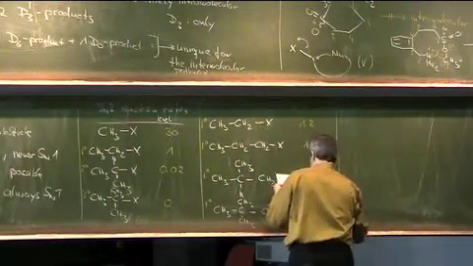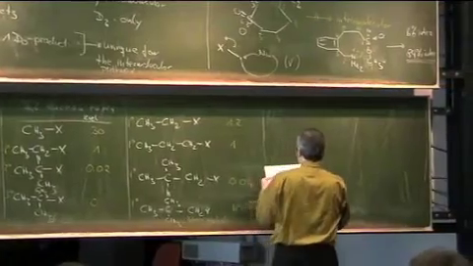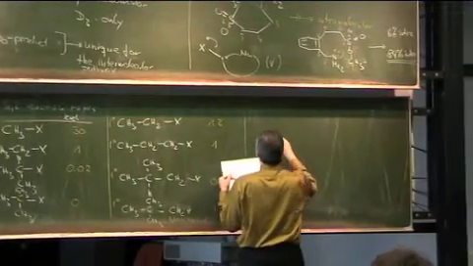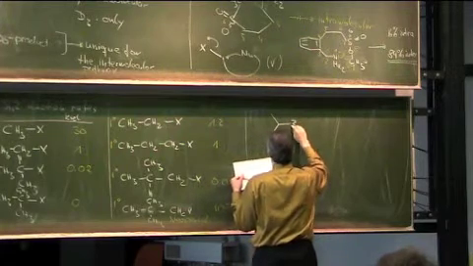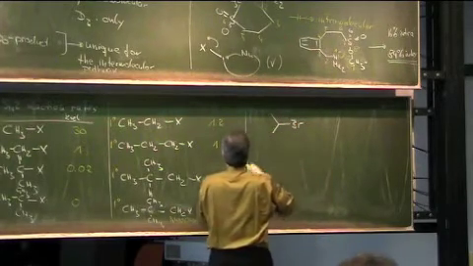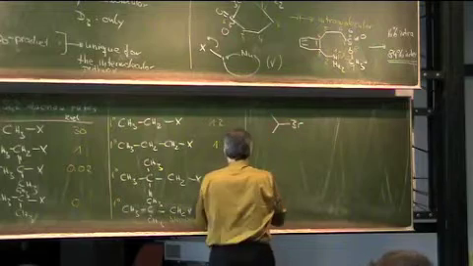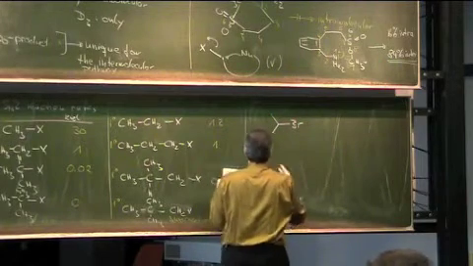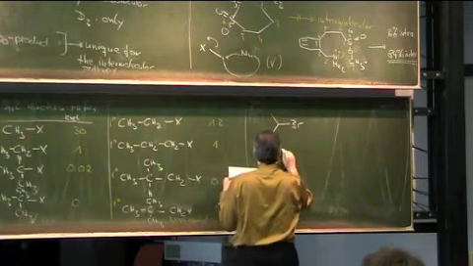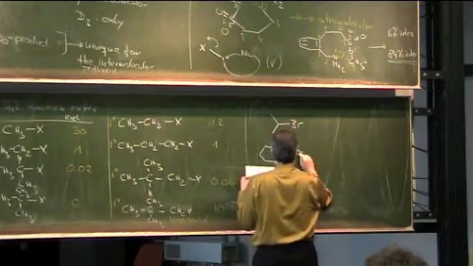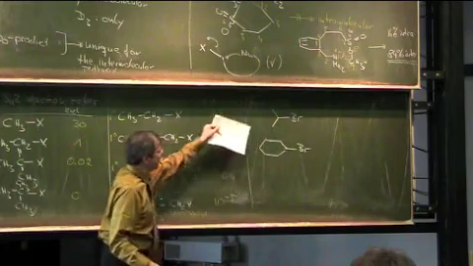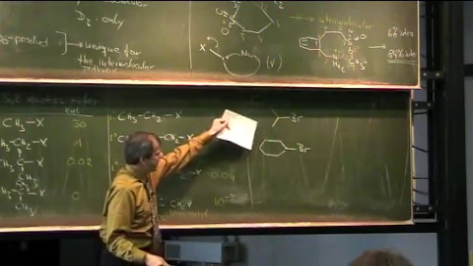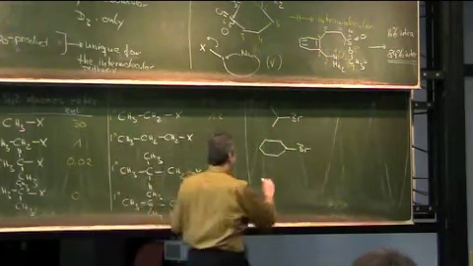Okay, let's look at a different parameter. Let's look exclusively at secondary alkyl halides, and let's look at how it changes if you go from an acyclic to a cyclic substrate.